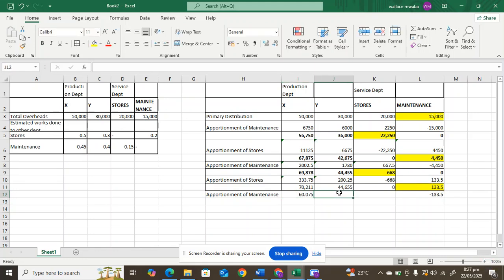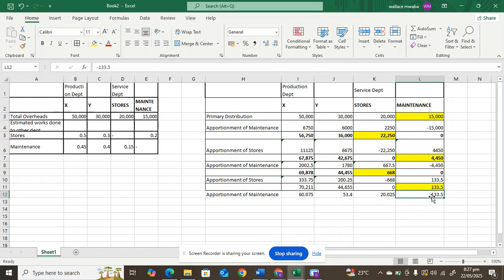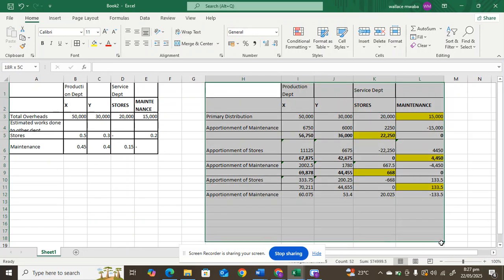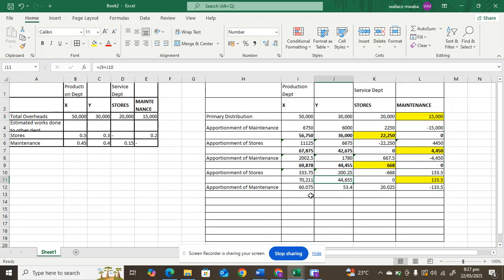We get that. Then we say department Y gets 40%. So we say 40% of 133.5. We get that. Then stores gets 15%. 15% of 133.5. We get 20.25. So notice the numbers are reducing. Eventually they're going to reach 0. Right? So next thing we need to do, we need to get our totals.